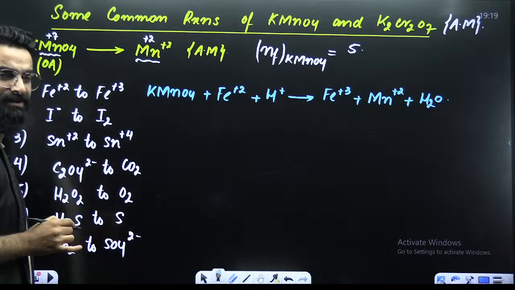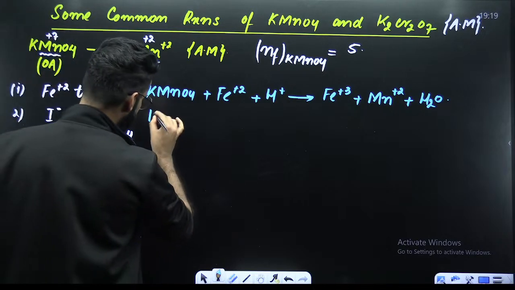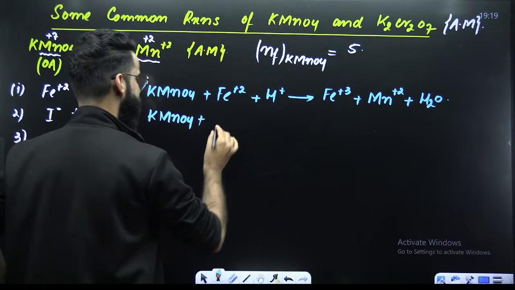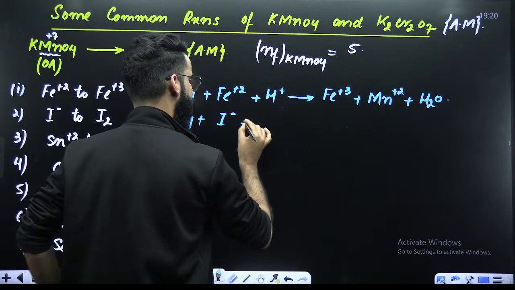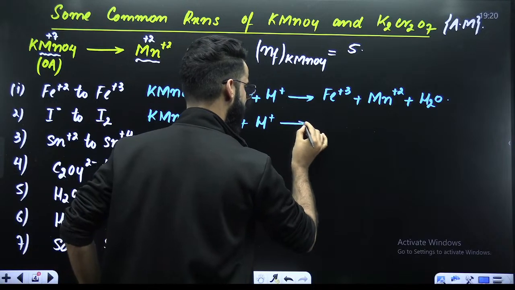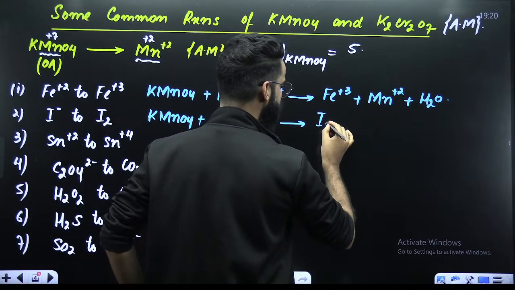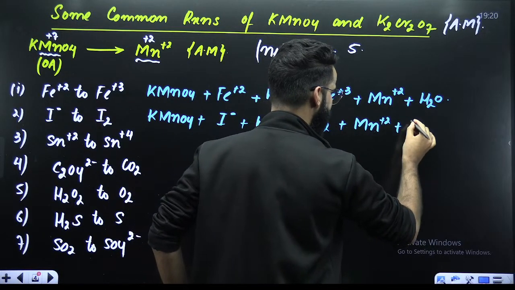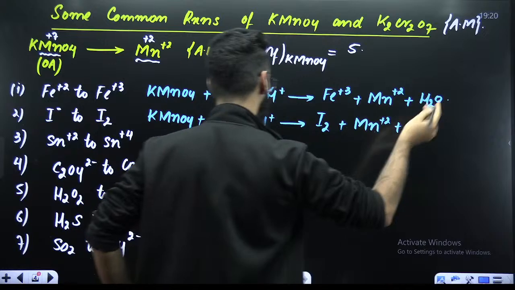Similarly, if you look at the second reaction, the same KMnO4 converts I negative, in acidic medium, into I2. Itself gets converted into Mn di-positive, and with this you'll be writing water as well. This is one more complete reaction.